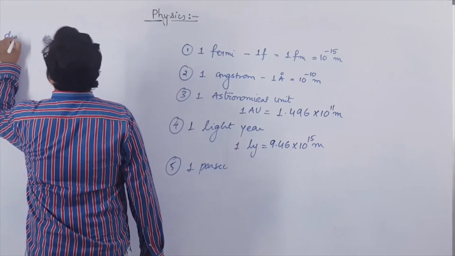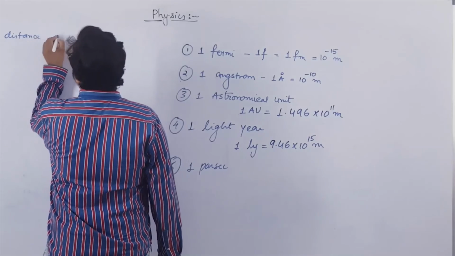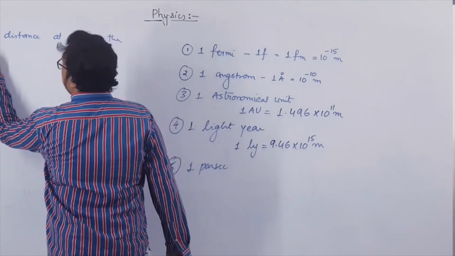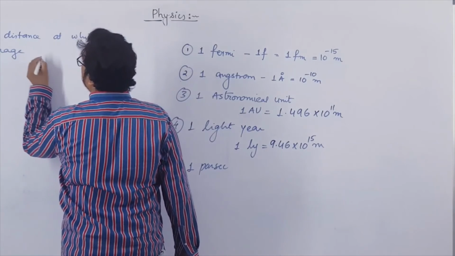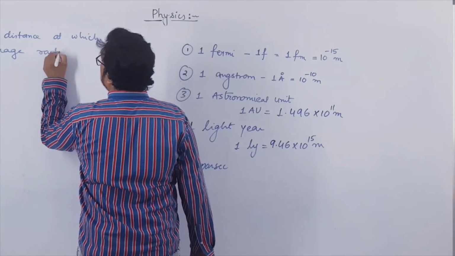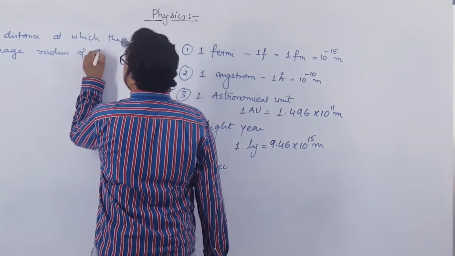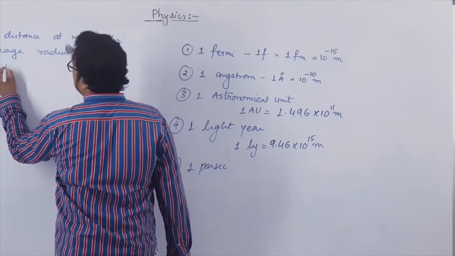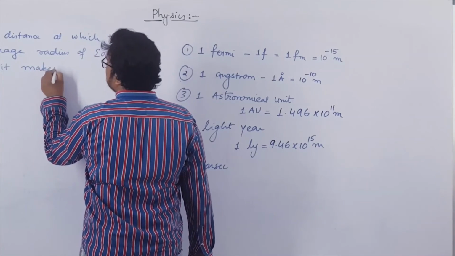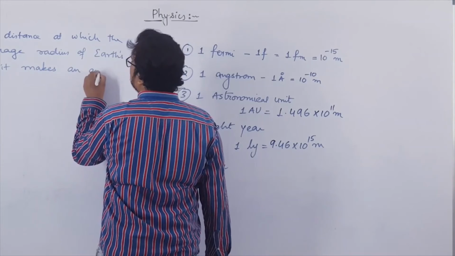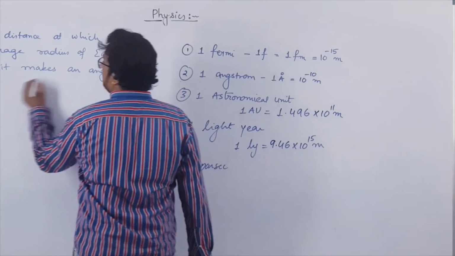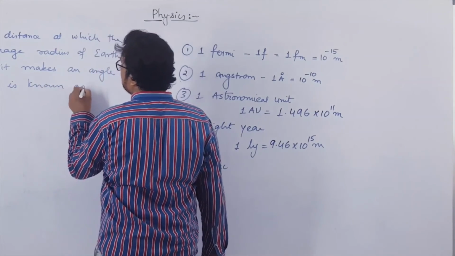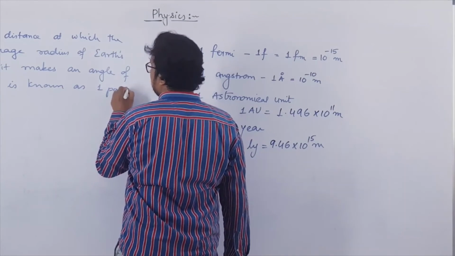The distance at which the average radius of Earth's orbit subtends an angle of 1 second is known as 1 parsec.